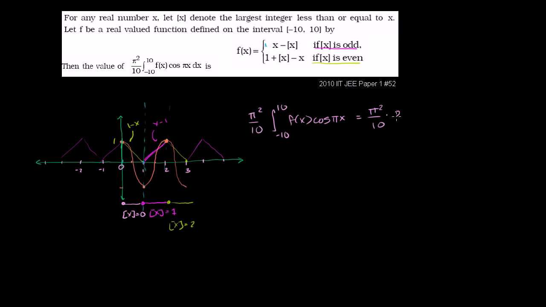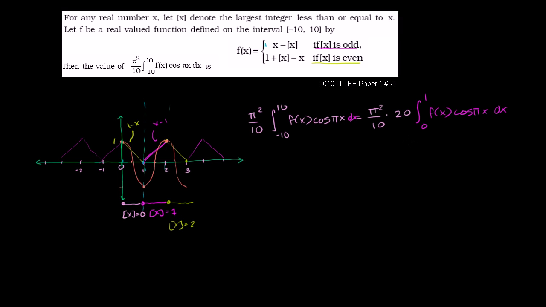So times 20 times the integral from 0 to 1 of f of x cosine of pi x dx. I forgot to write the dx over there.